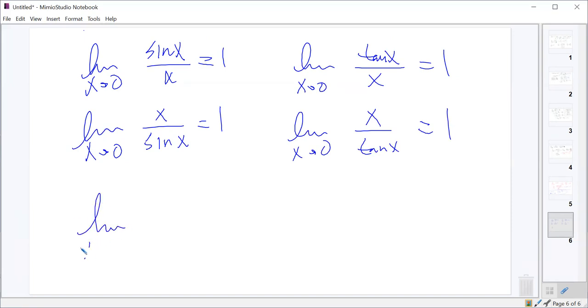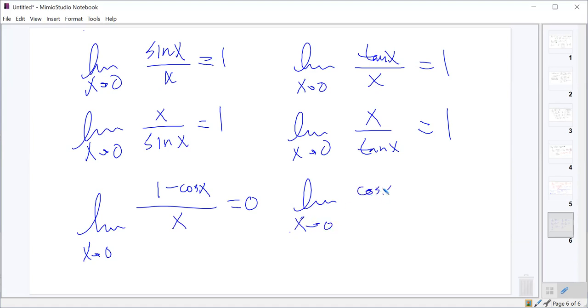And we should also know that the limit as x approaches 0 of 1 minus cosine x over x is 0, and the limit as x approaches 0 of cosine x minus 1 over x is also 0.